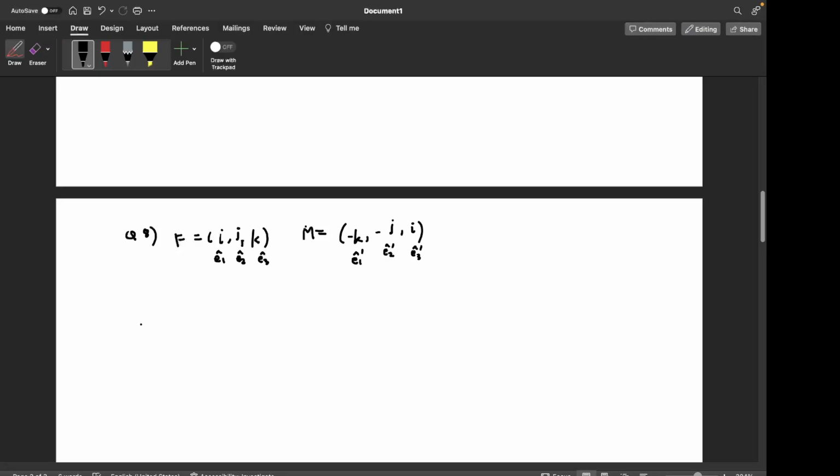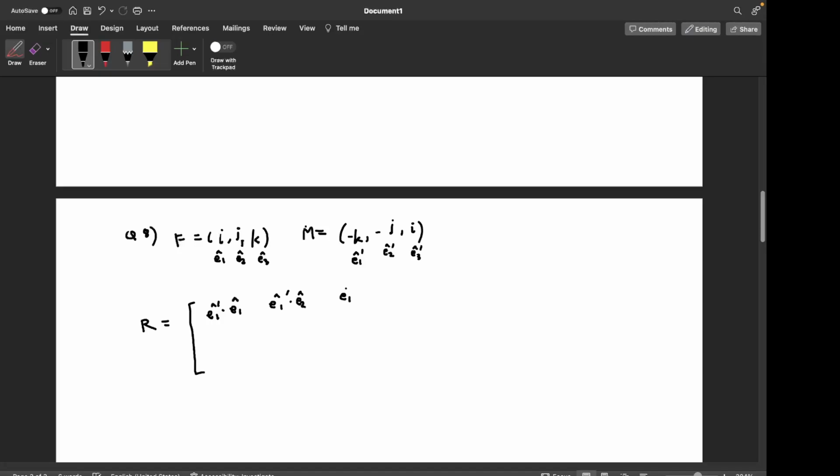Okay, so the rotation matrix of transformation, its elements you can write using this approach. So it will be E1 prime dot E1. Second will be E1 prime dot E2.